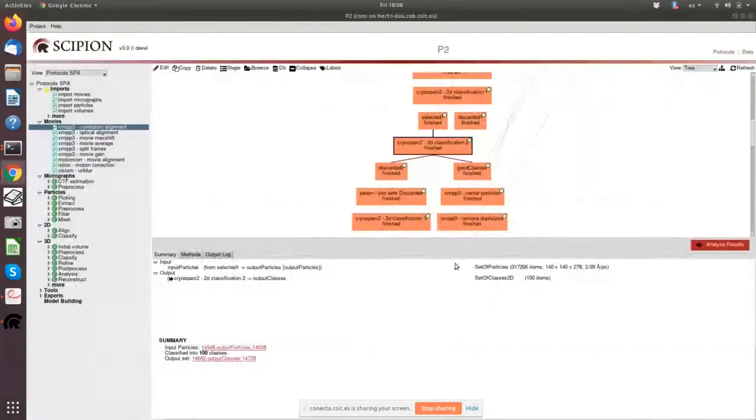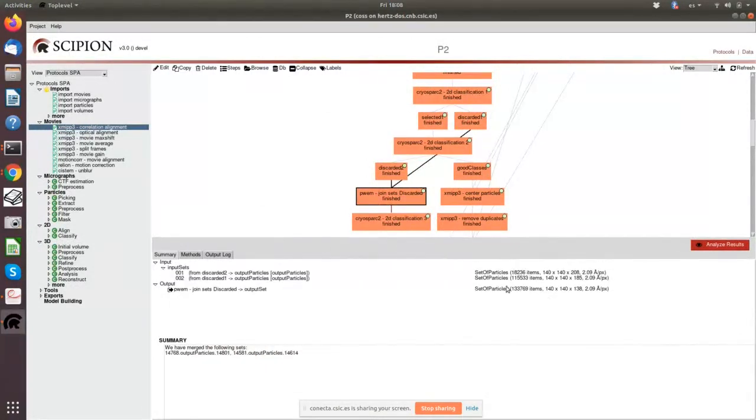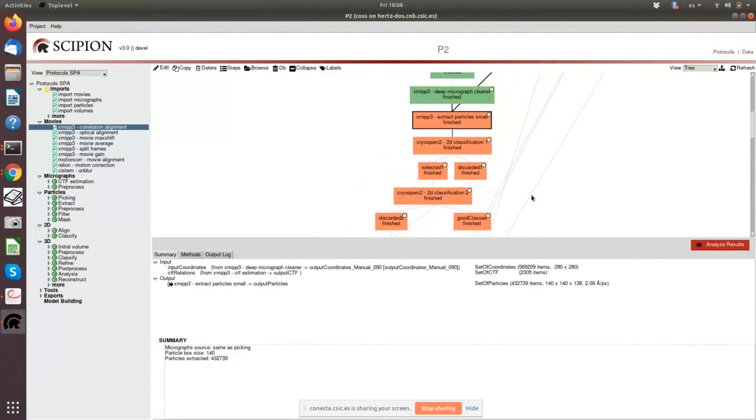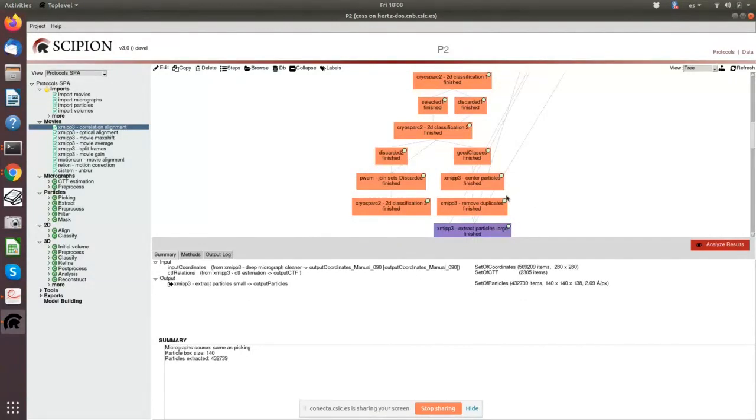Okay, so then with all the discarded classes, I joined the images, and you see that they are not few. They are just 100,000 particles. So we started with 400,000, so 25% of the data was discarded by this 2D classification.